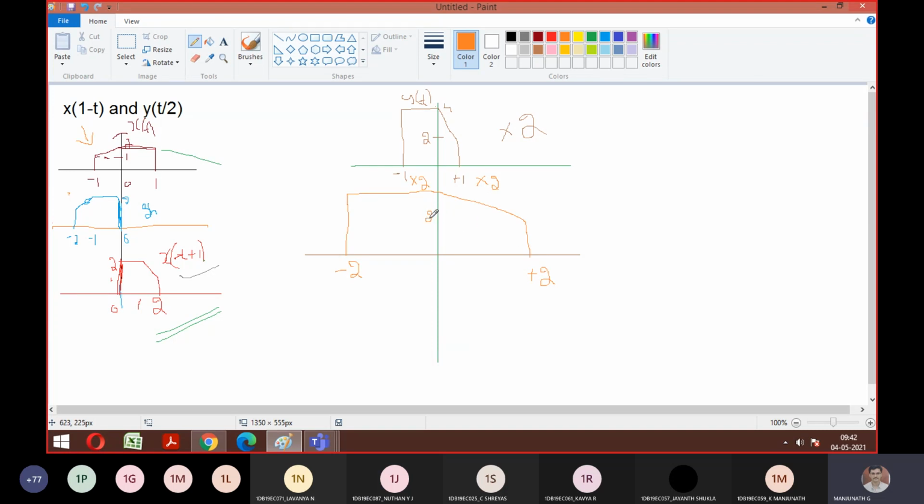Is it okay with everyone? So this is 2, this is 4. You can now compare this signal and this signal. So there is a concept of time expansion. Time expansion has happened. Okay? Is it okay, guys?